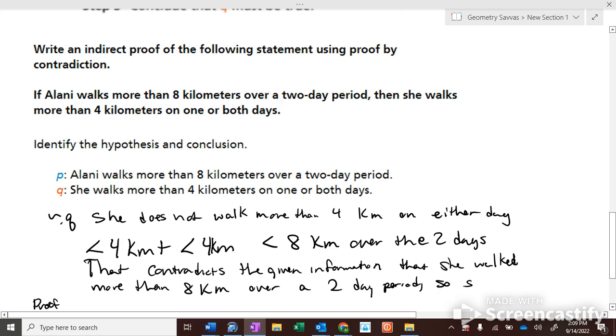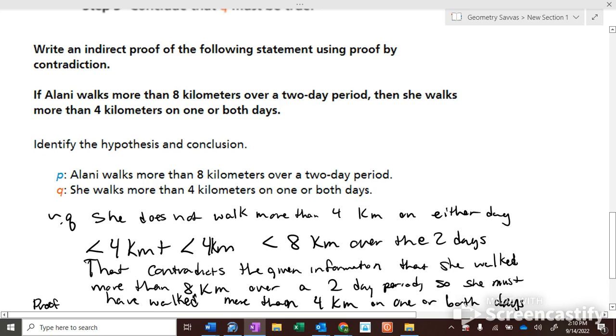So she must have walked more than 4 kilometers on one or both days.